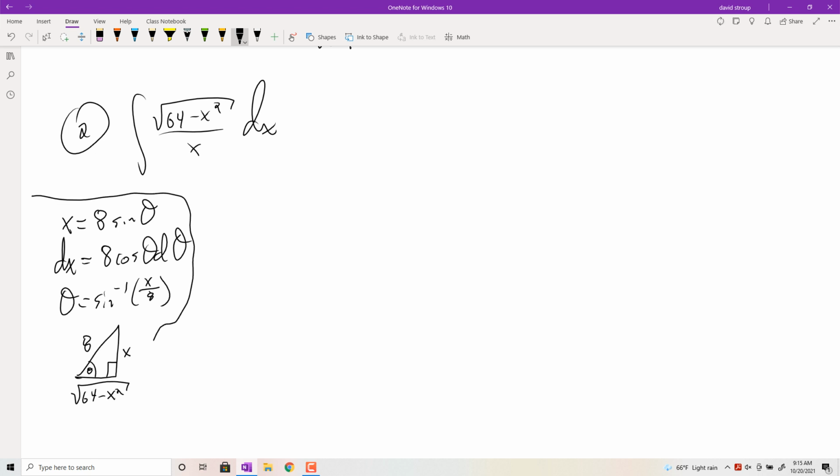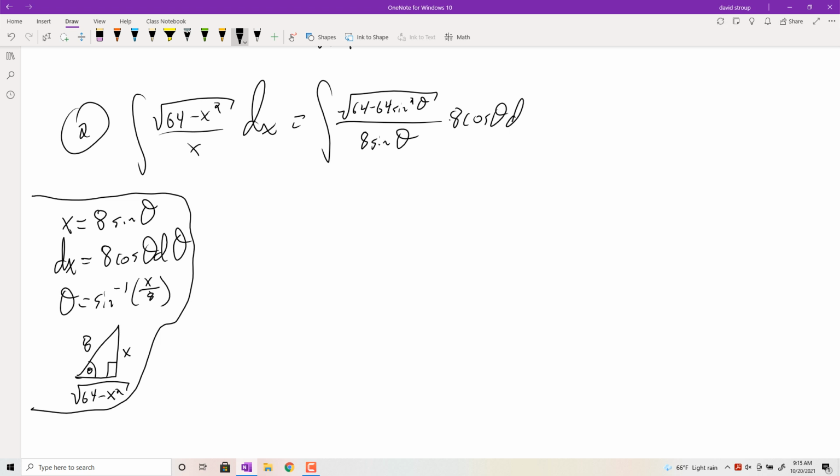Okay, so I got all my information, and now I can work on my integral. So doing subs, I have the square root of 64 minus 64 sine squared theta all over x, which is 8 sine theta. And then don't forget dx is 8 cosine theta d theta.